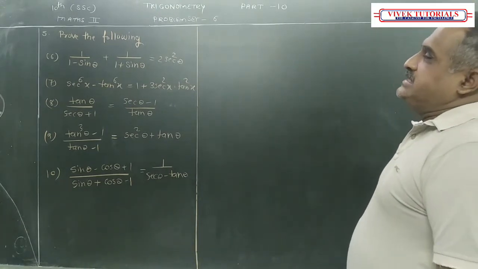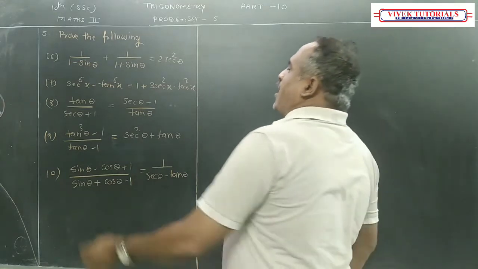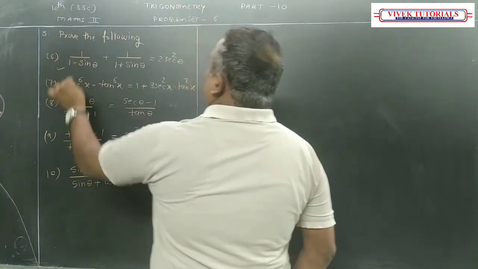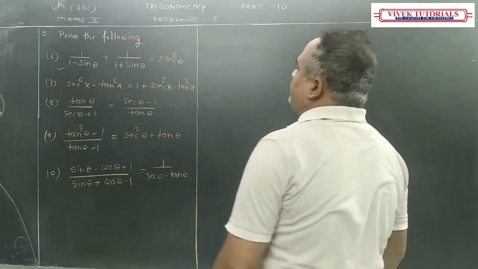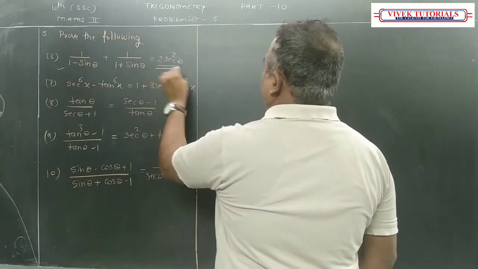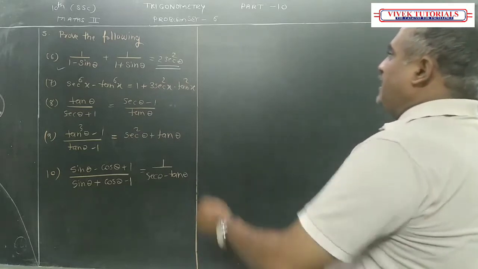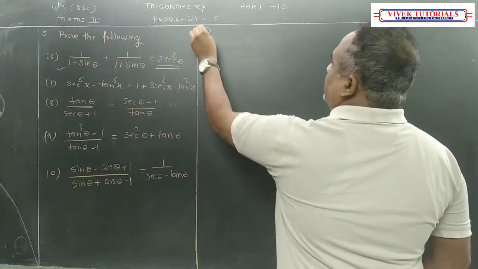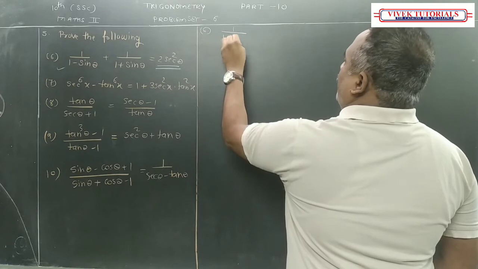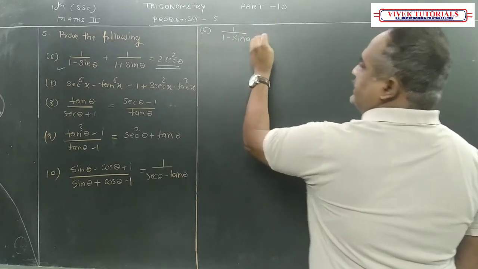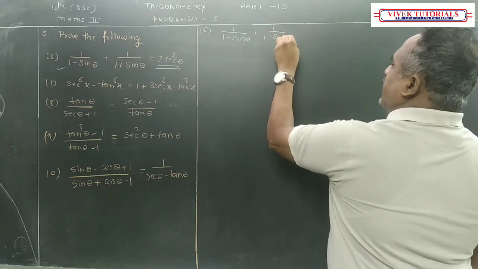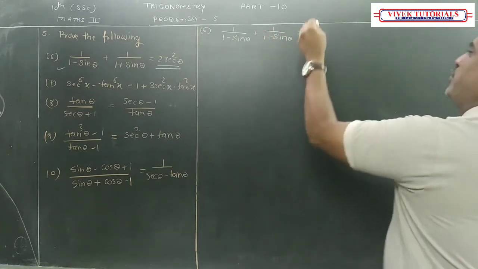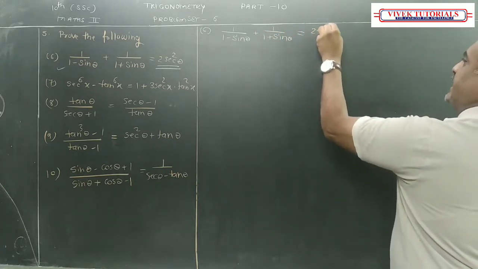Now, sixth question: 1 upon 1 minus sine theta plus 1 upon 1 plus sine theta is equal to 2 sec square theta. We have to prove that this left hand side is equal to the right hand side. So we are going to write the proof. 1 upon 1 minus sine theta plus 1 upon 1 plus sine theta.